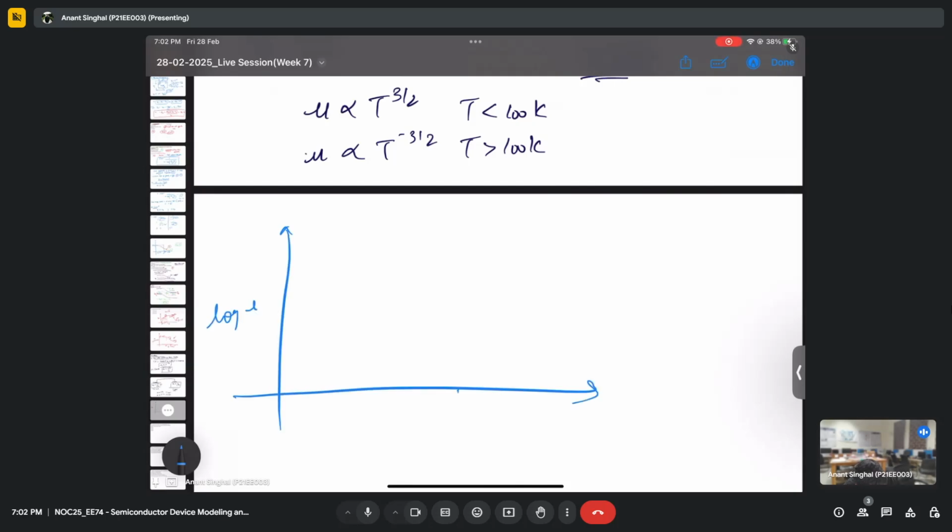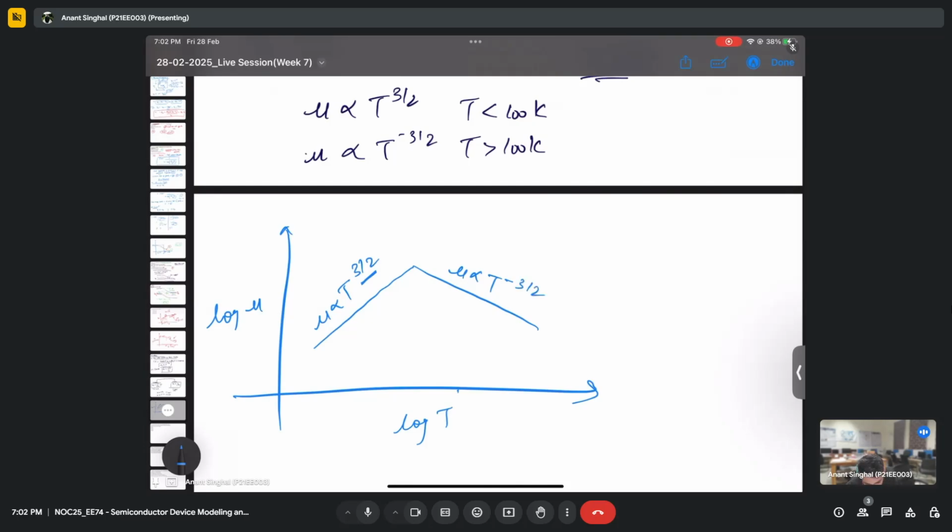So log mu versus log T. Now the first one will have a positive slope of 3 by 2, right? Because we have taken the log on both sides. The second one will have a slope of minus 3 by 2.